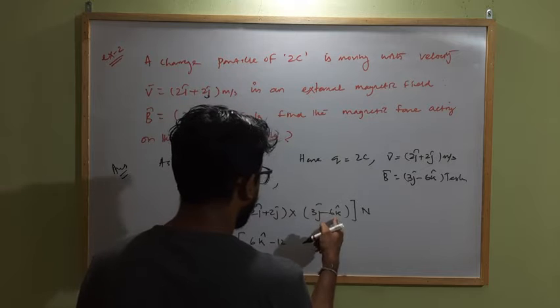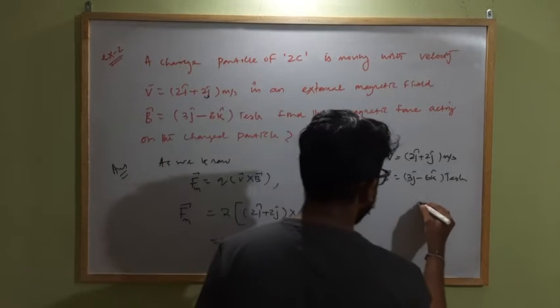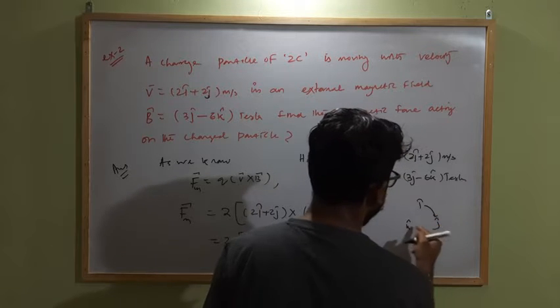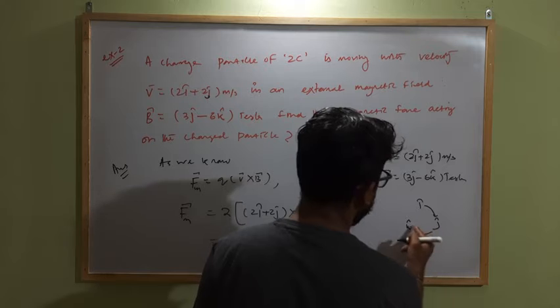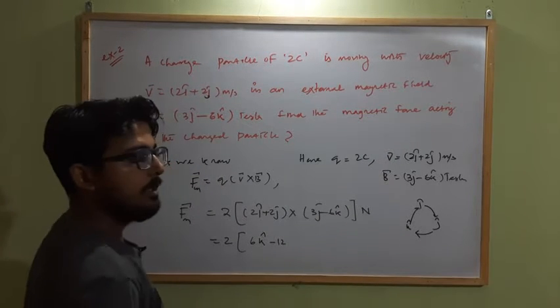i cross k equal to minus j, k cross i equal to j, you know the cyclic order i cap, j cap, k cap: i cross j equal to k, j cross k equal to i, k cross i equal to j. Clear?